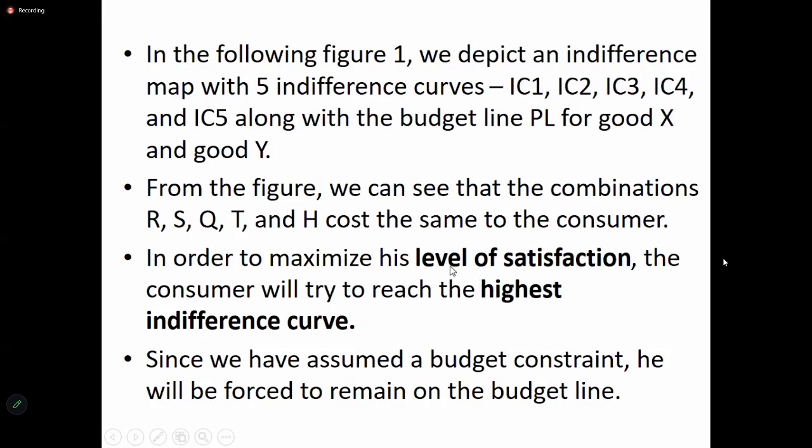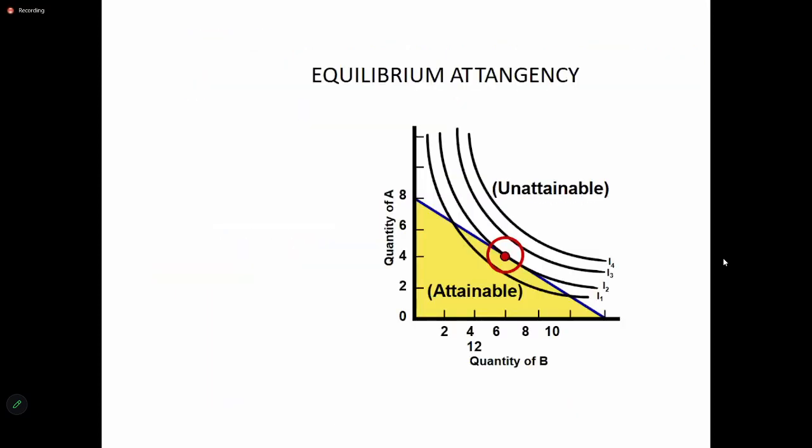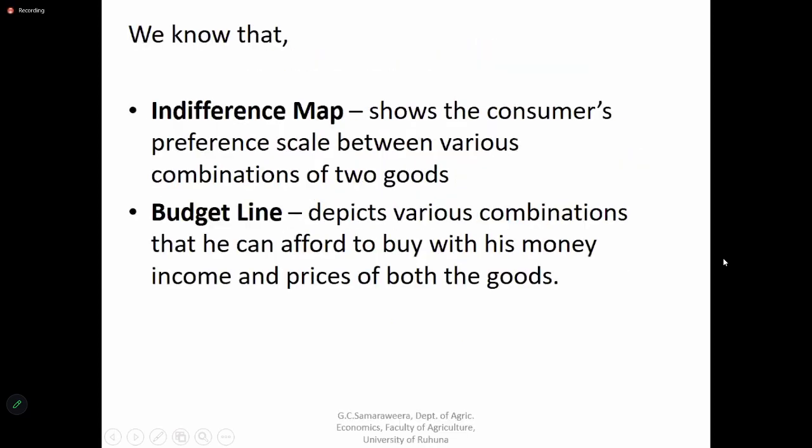In order to maximize the level of satisfaction, the consumer will try to reach the highest indifference curve. But you should know the indifference curve should be in the attainable zone.